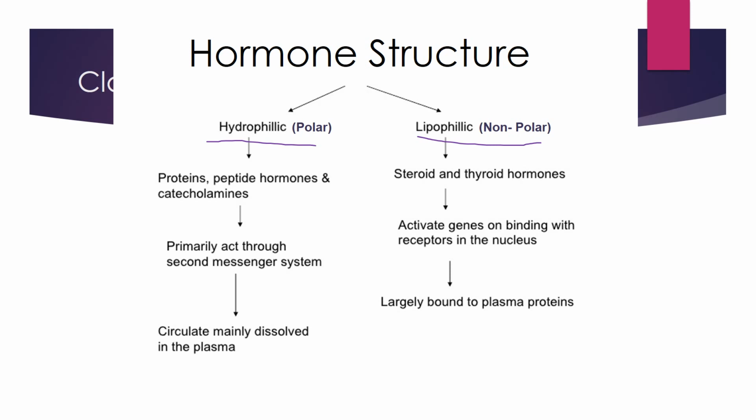These can be taken orally in pill form, and they directly activate genes by binding to receptors within the cell nucleus of that target tissue. These typically tend to be larger in size, so they are bound to plasma proteins as well to help with travel.